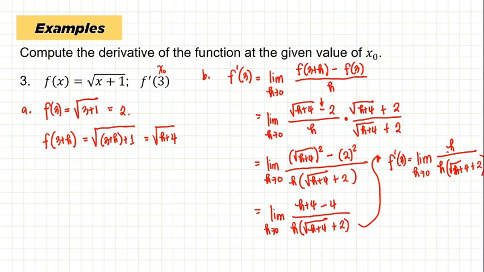And as you can see here, h is common, so we will cancel that out. What's left is the limit of 1 over square root of h plus 4 plus 2 as h approaches 0, and by direct substitution, you will have 1 over square root of 0 plus 4 plus 2, and square root of 0 plus 4 is 2, plus 2, so we will have 1 over 4. And this is now our final answer.